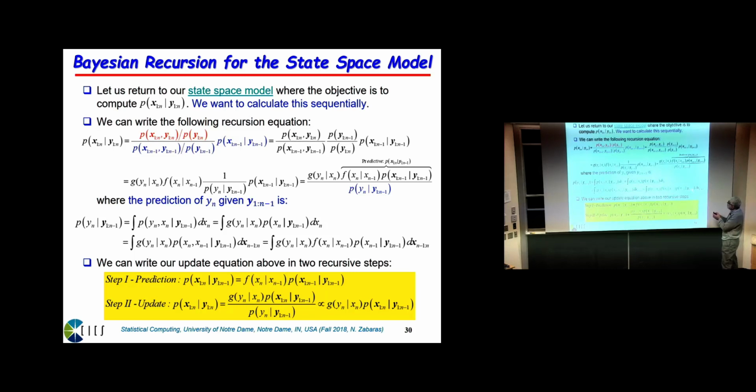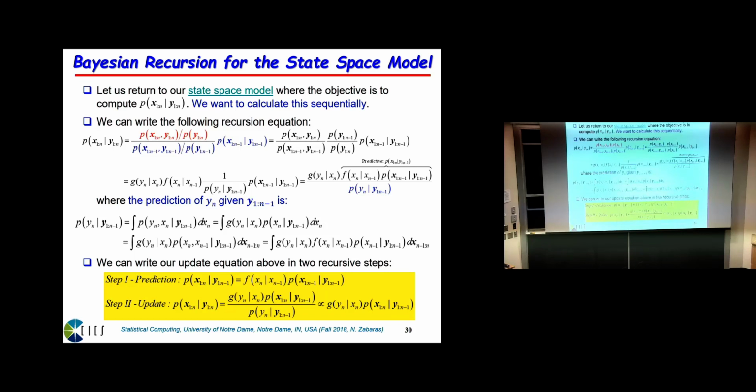And do we know this term recursively? This is the probability of xn minus 1 given the data up to n minus 1. So recursively, remember, this is what we work on. Are we going to know the probability of xn minus 1 given y1 to n minus 1? We obviously already have the posterior at time n minus 1, and this is just the marginal of that posterior.